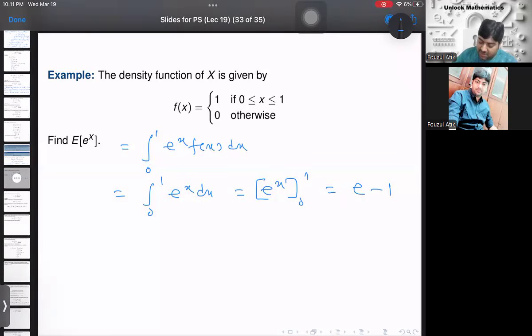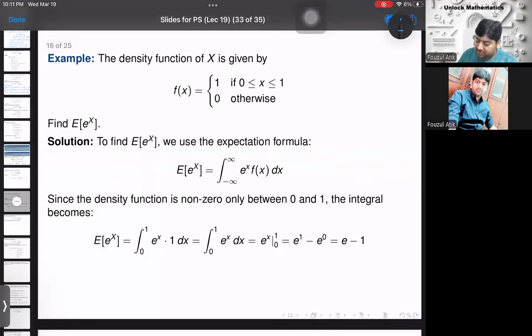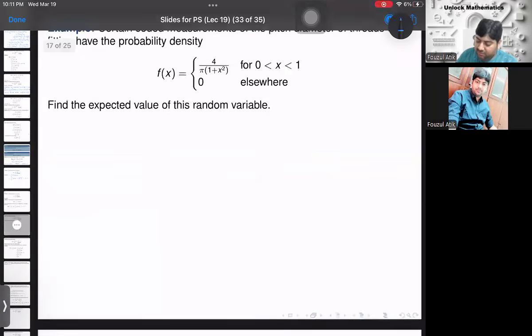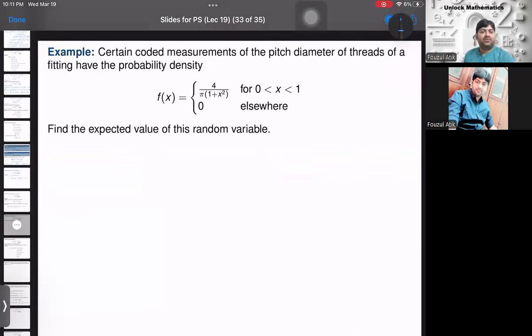Easy. Okay, let us move to the next example. This one we have already solved. We have one more example. Certain coded measurements of the pitch diameter of thread of a fitting have the probability density function f(x) equal to this value. Again, you have to find the expected value of this random variable. Again, a very easy kind of problem.